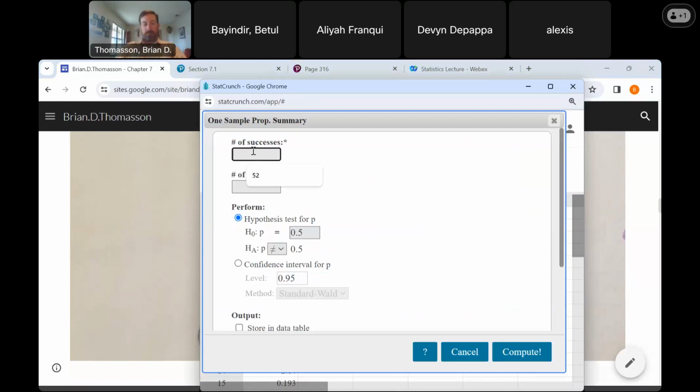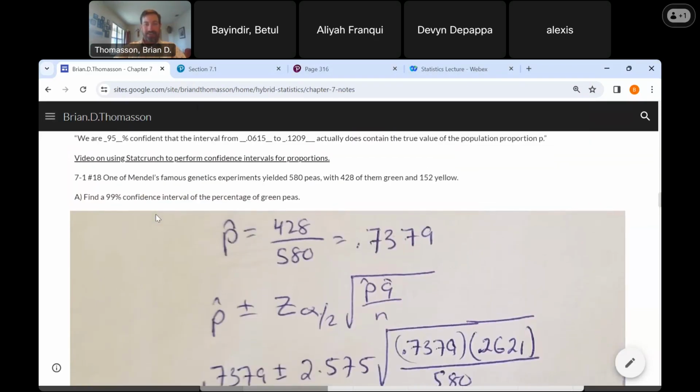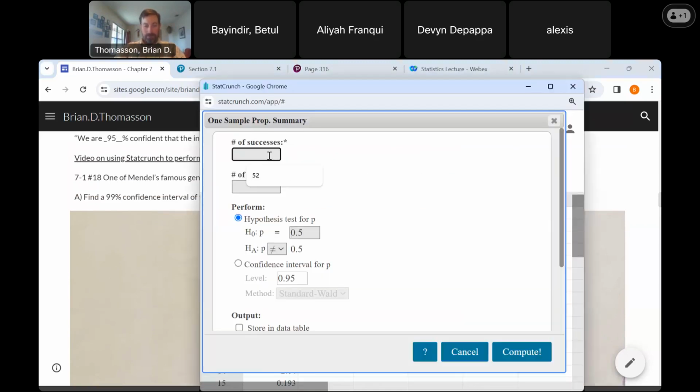So the number of successes we had, I don't remember now. Sorry. Let's see. We had 400. I can only write it down. So we got 428 green out of a total of 580. Okay, so let's try that again. Sorry about that. All right, so the number of successes is 428. The number of observations is 580.